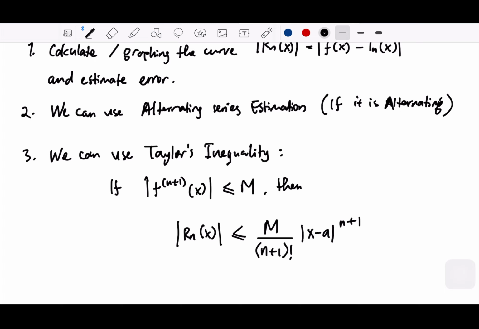Let me give you several examples of how we can use this, at least 2 and 3. We can use the alternating series estimation or Taylor's inequality, depending on the series. Or actually, if your calculator is on hand, you can use some functions on your calculator. They will sometimes understand Taylor, but you need to check.